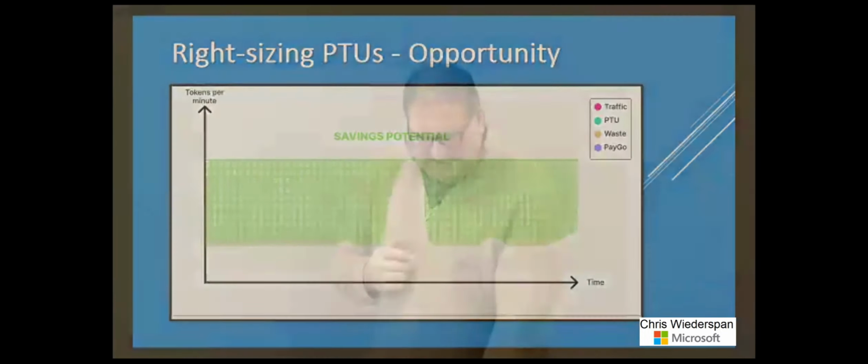So you need to be able to find that sweet spot there. I have my slides not in the right order, but I'll circle back on that in a minute.